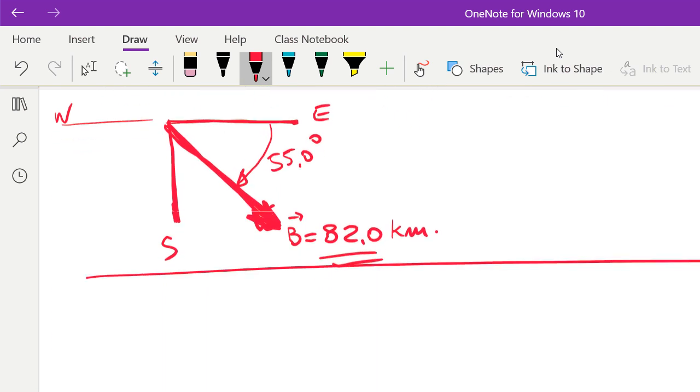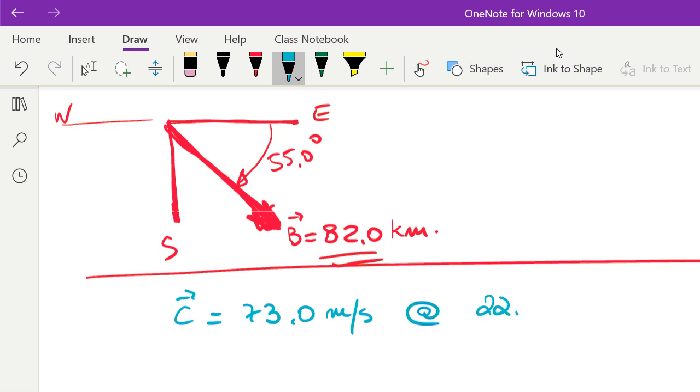Okay, so now let's take another example. Let's suppose that we have a vector C that is 73 meters per second at 22 degrees east of north. Good.